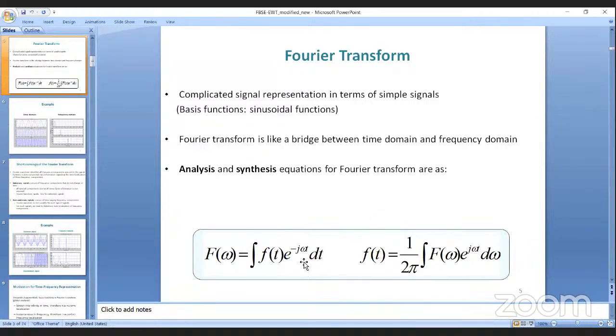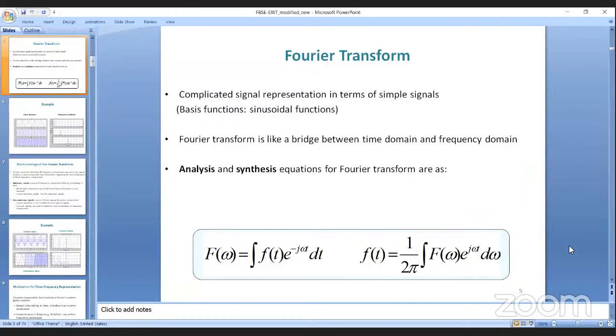In the analysis equation, we are integrating time from minus infinity to plus infinity. So there is no time in the frequency domain. You can see we have integrated over the entire time, so the frequency domain has only information about the frequency and no information about the time. Similarly, when we are doing the synthesis process, we are integrating frequency from minus infinity to plus infinity. So the entire frequency is integrated, and there is no frequency in the time domain, only time information is available.